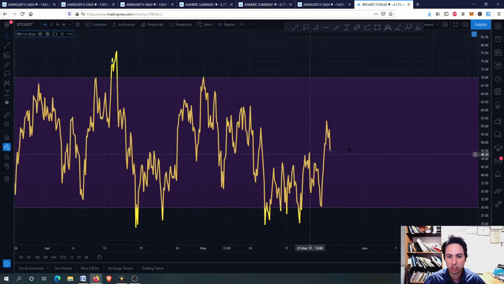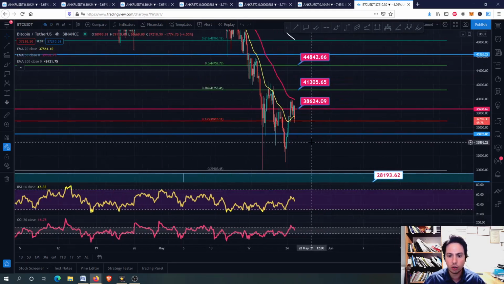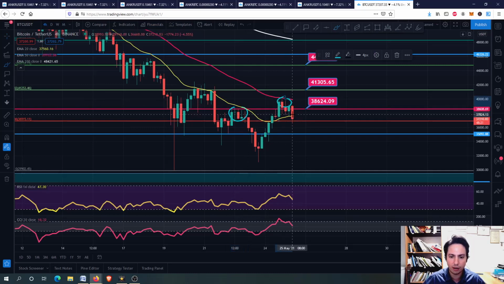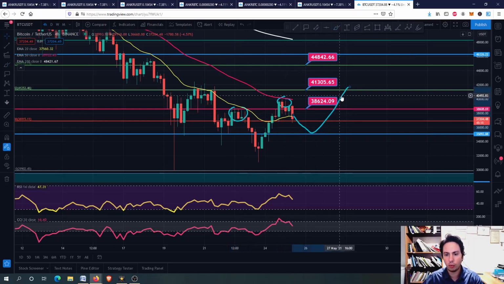So that's why I was expecting a higher low. And of course, right now, what we want to see for Bitcoin is if we can keep this pattern of higher lows and higher highs. Eventually, if we can test this line, then we go back to 41,000 USDT.